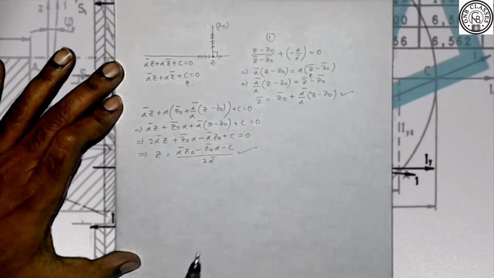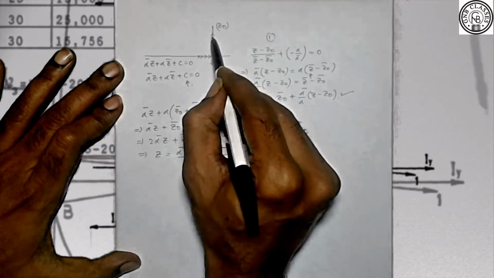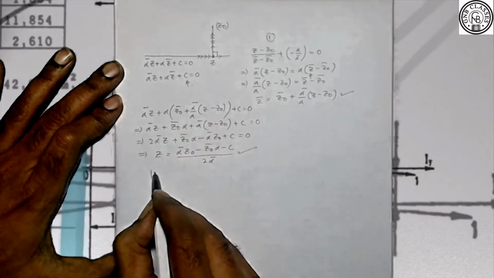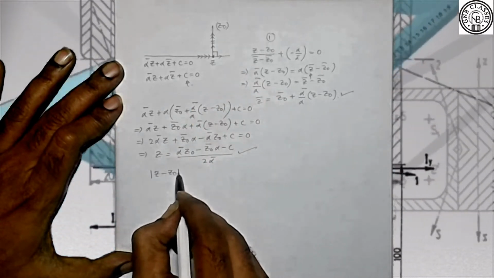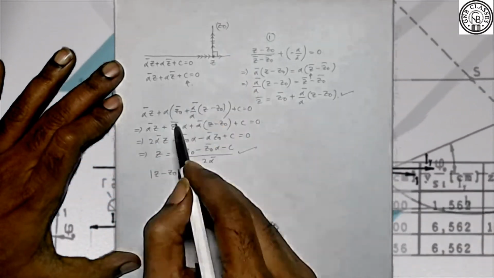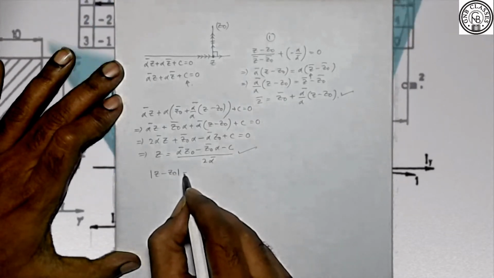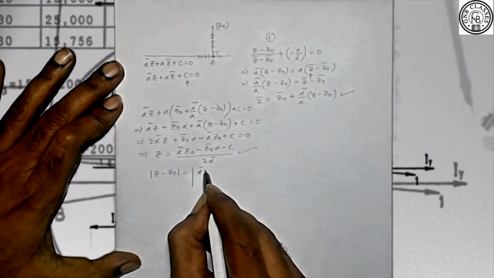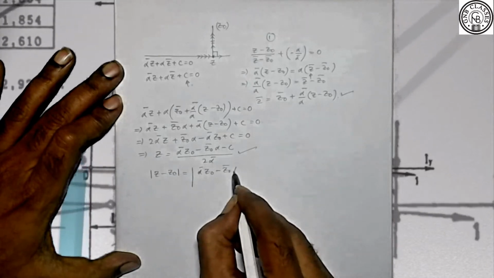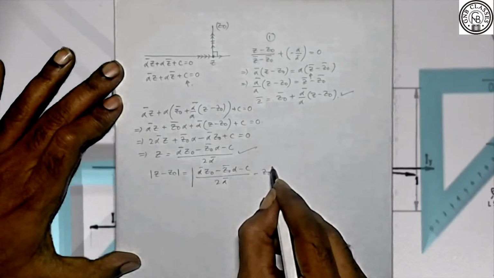Now the task which is remaining is to find out this length. So this length can be written as mod of Z minus Z0. The distance between 2 points is nothing but mod of Z minus Z0. Okay, so this can be written as 2 alpha bar minus Z0.